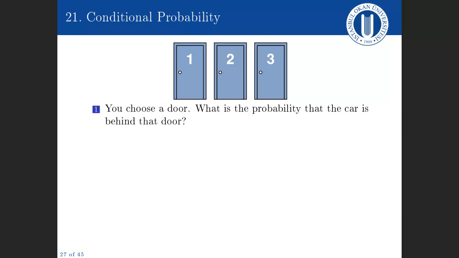You choose a door. What is the probability that the car is behind the door that you choose? Well, that's easy, right? Probability that the car is behind the door that you choose is 1/3. That's correct.